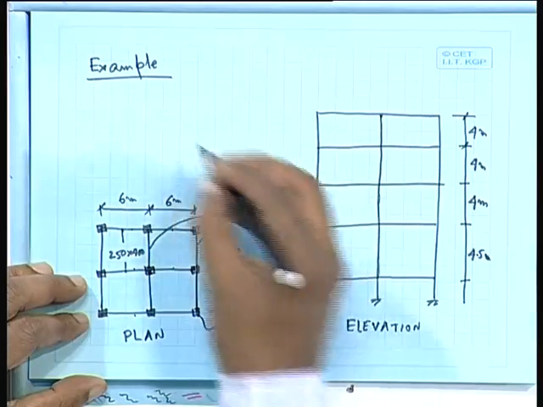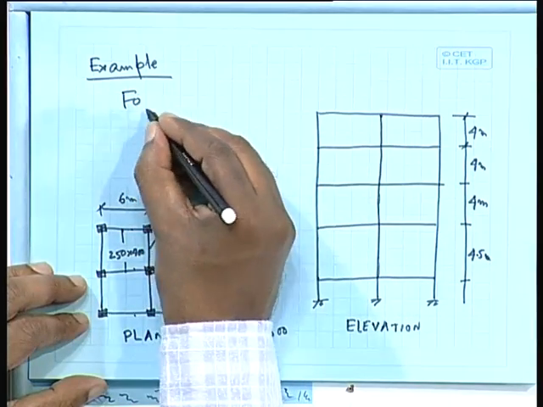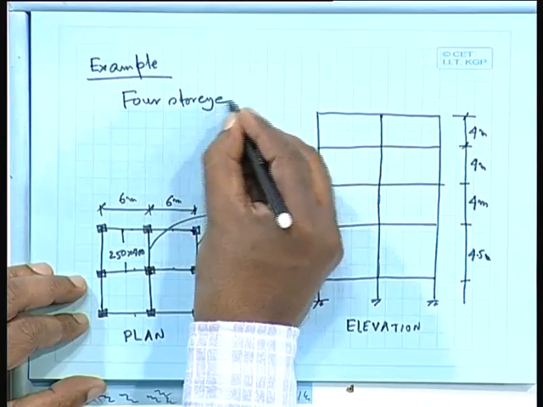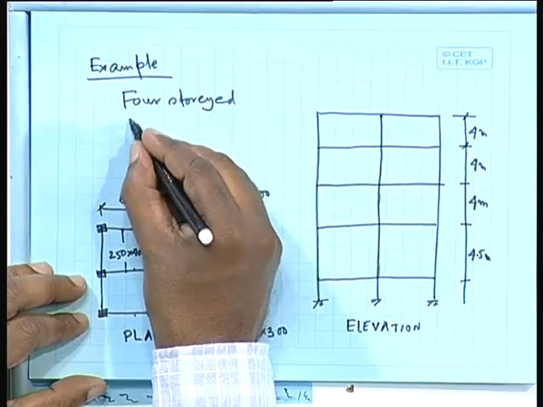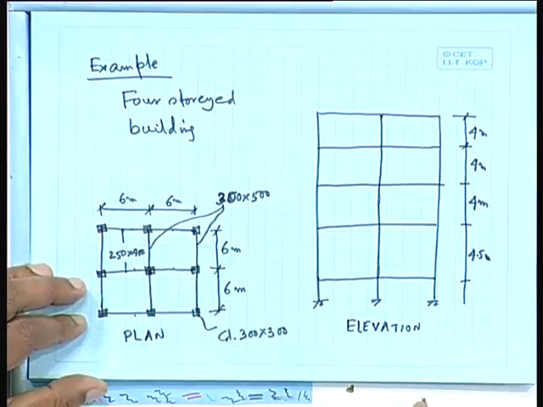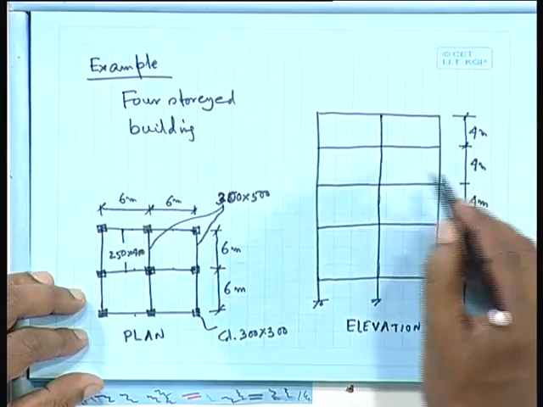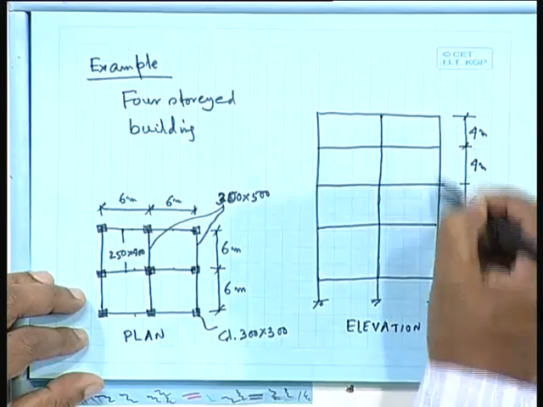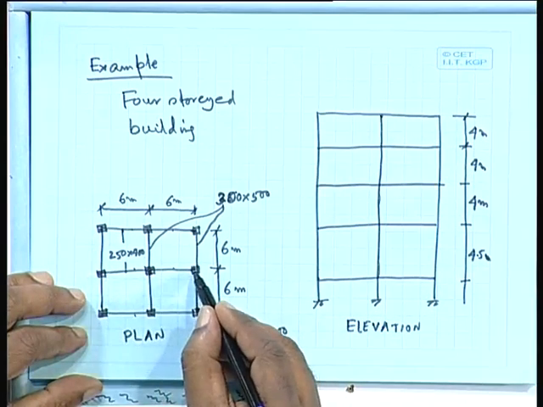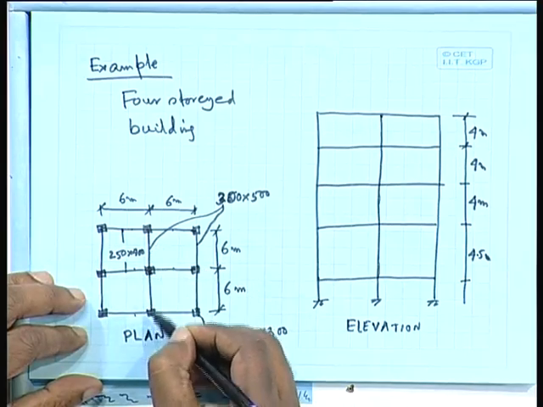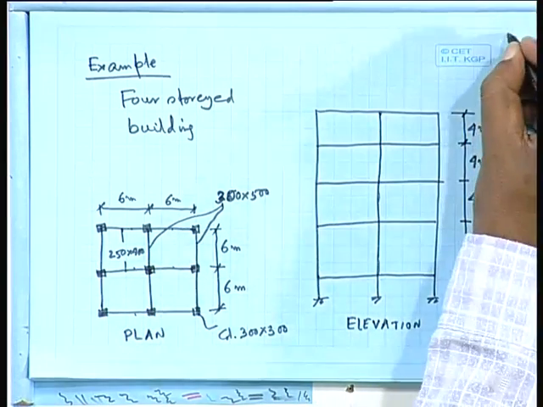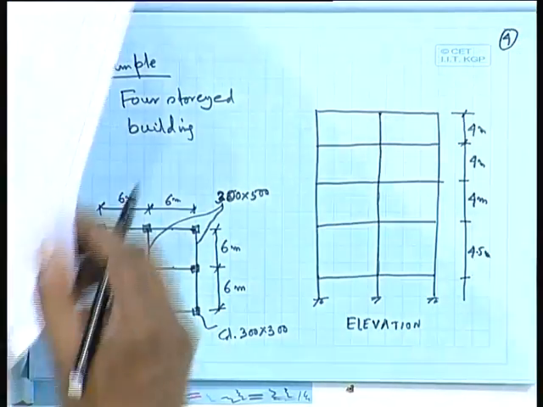So this is a 4-storied building. We have this beam and this beam and the column. We shall find the effective length of each column.